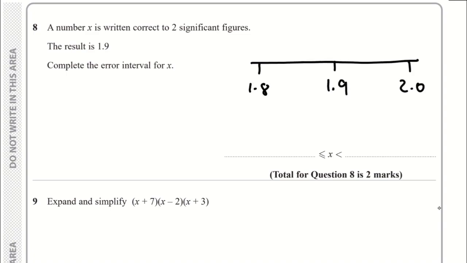If the number x is written correct to two significant figures, we need to get the midpoint, and the midpoint is going to be between 1.8 and 1.9, and another one between 1.9 and 2.0. So the midpoint here is 1.85, and here is 1.95. Which means the error interval for x is going to be between 1.85 and 1.95. That's how you do it.